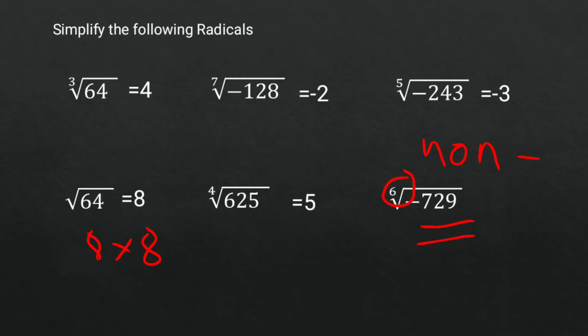Since in our example we have a radicand of negative 729, our answer here is undefined. We cannot get a real root number.